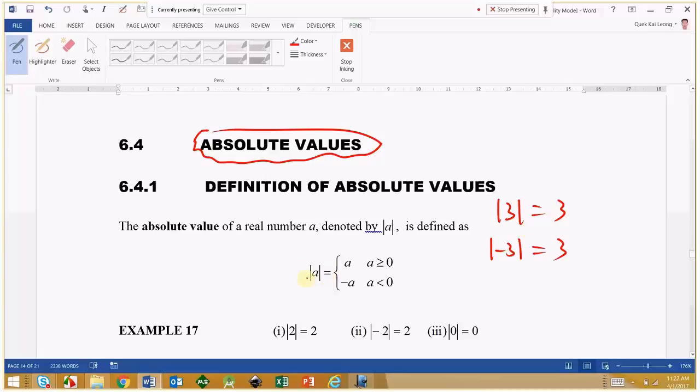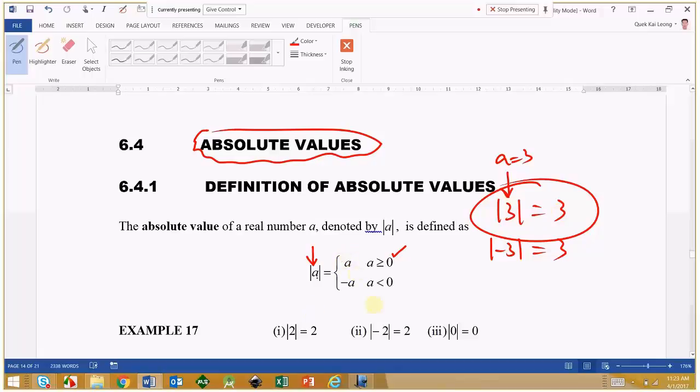If you have absolute A and your A, without the absolute sign, is greater than 0, then this absolute A will be just equal to A. For example, my A is 3, whatever inside here. Absolute 3, my A is 3. 3 is greater than 0. So that means absolute 3 will be just equal to 3 if we throw away the absolute sign.